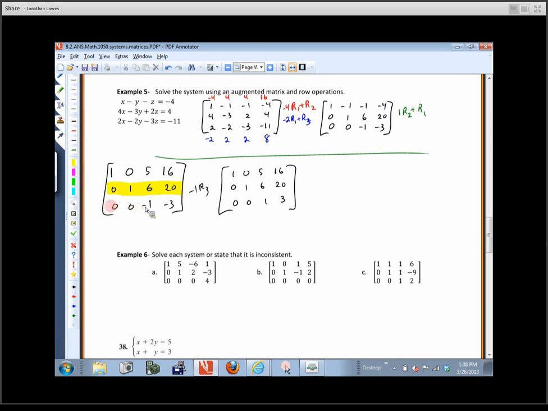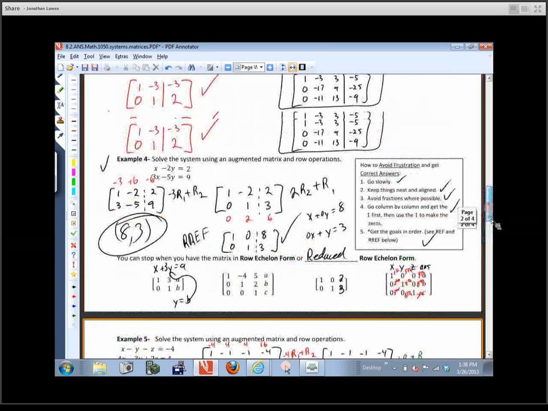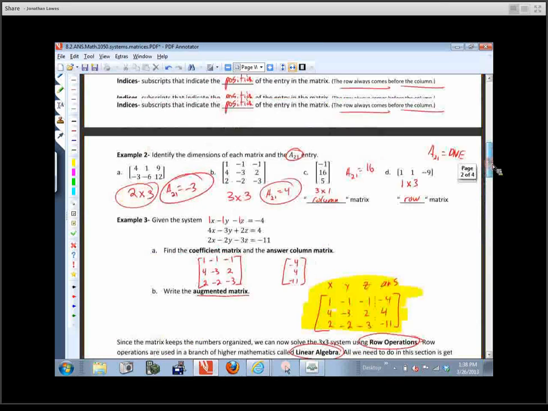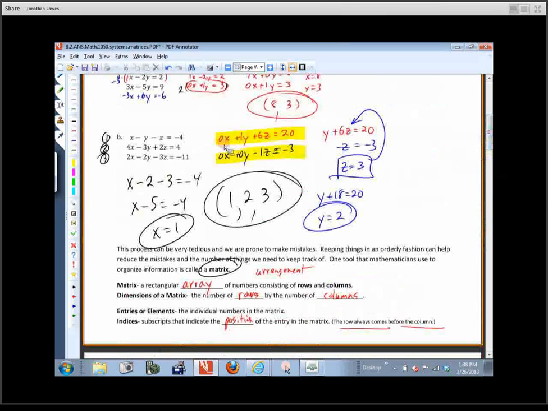Okay, I want you to take a look at these two lines right here. 0, 1, 6, 20, and 0, 0, -1, -3. Now what column is this again, that first column? X, Y, Z, answers, right? 0, 1, 6, 20. Right there.